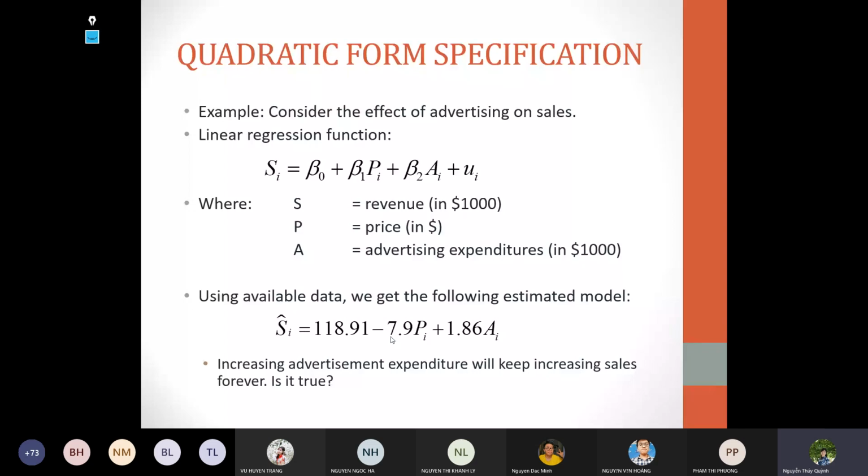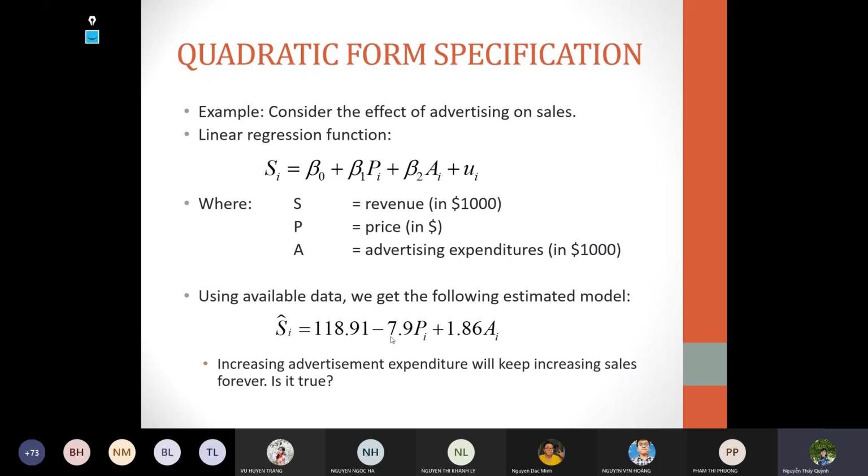So if we believe that the marginal effect of advertising expenditures on sale is decreasing, not a constant number, then we cannot use this model to estimate the relationship between advertising expenditure and sale.